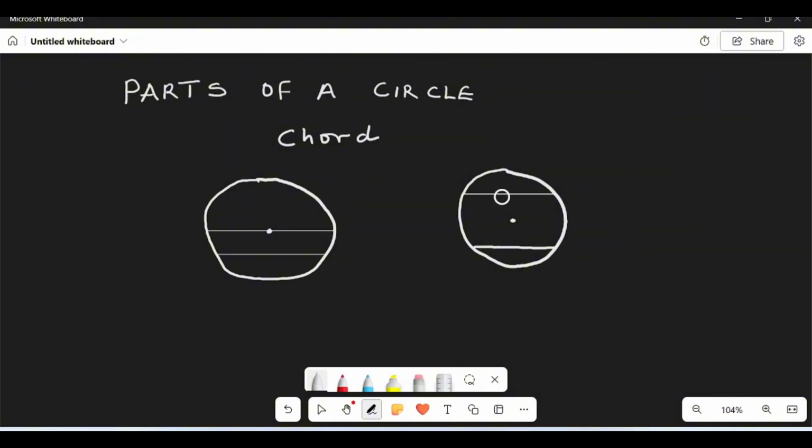If the length of this line is equal to the length of this line, the distance from the center to this chord is the same as the distance from this center to this chord also.